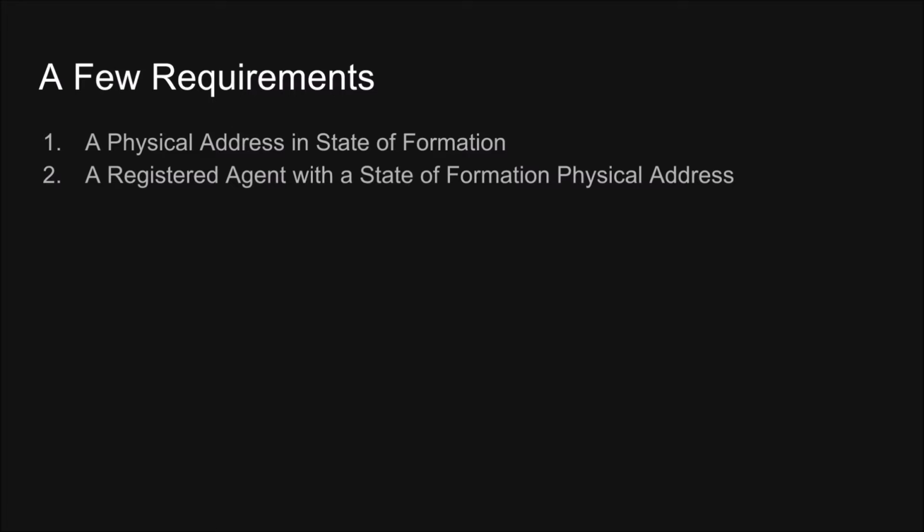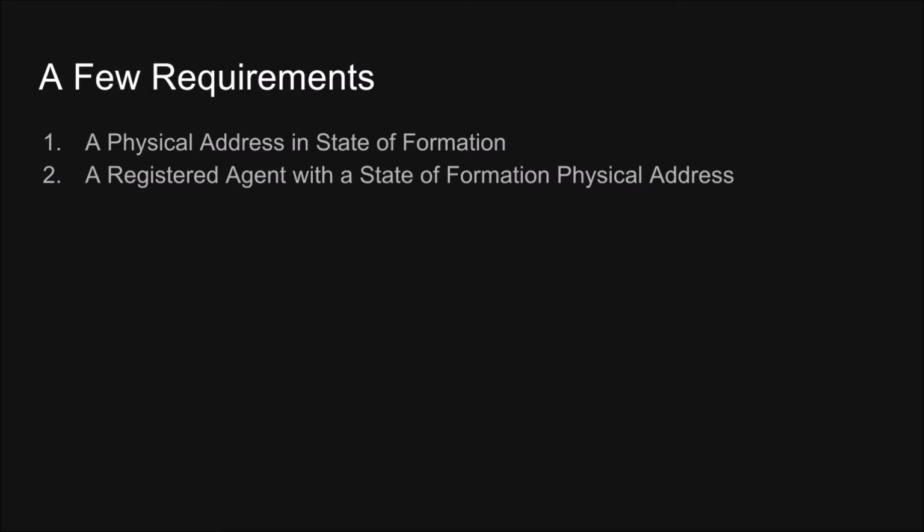That's not what the state of Wyoming, for example, would want. They don't want a PO box, but a UPS mailbox will actually be accepted because they have a different system, and that costs anywhere from $50 to $100 per year to upkeep. You could do your own research on that depending on which state you want to form your LLC in.